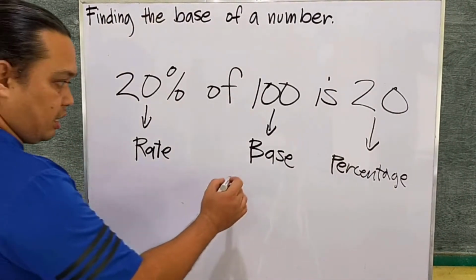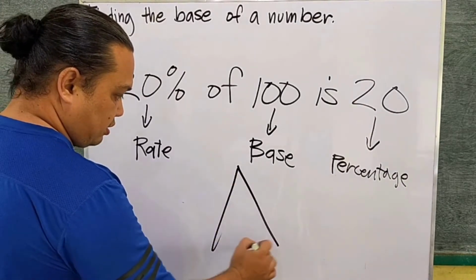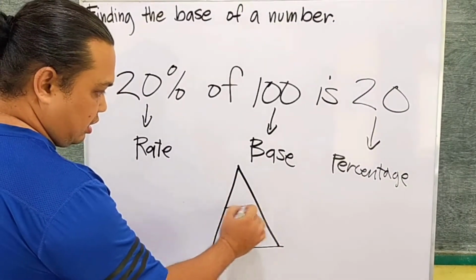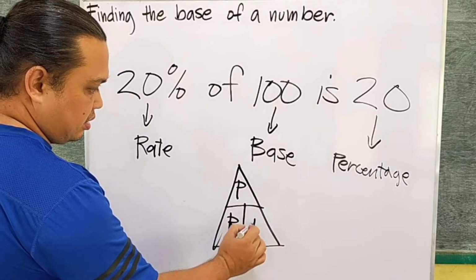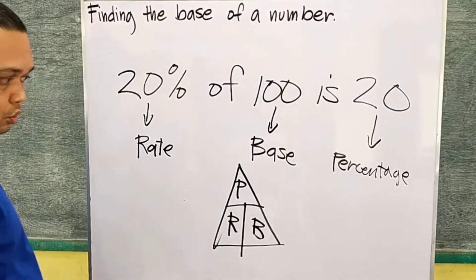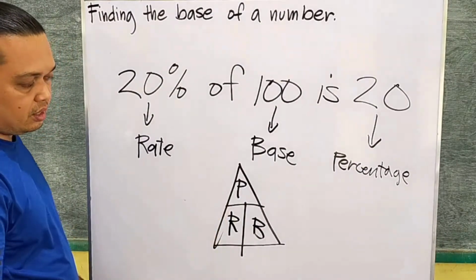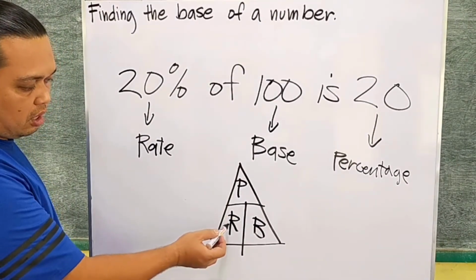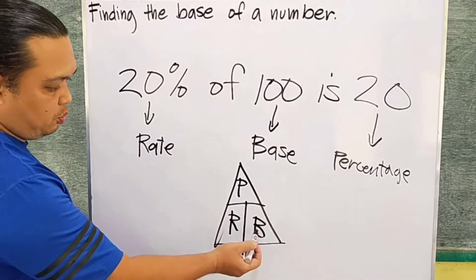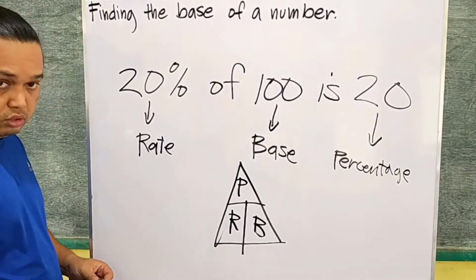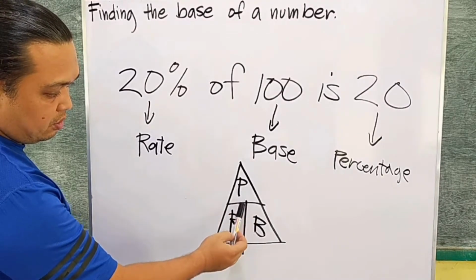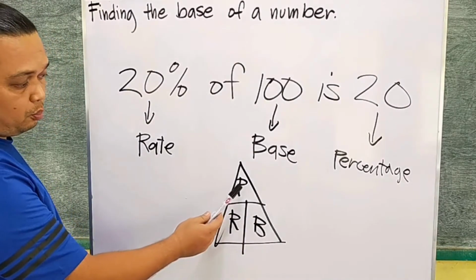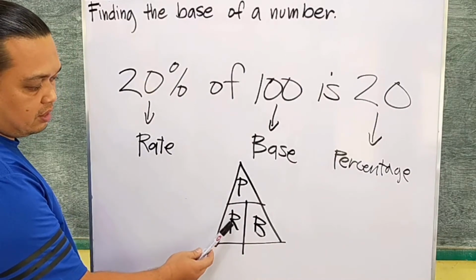And as a review, using our Techan triangle, that is P, R, and B. P is our percentage, R is our rate, and B is our base. And looking for the base, we have for our formula P over R, or percentage divided by rate.